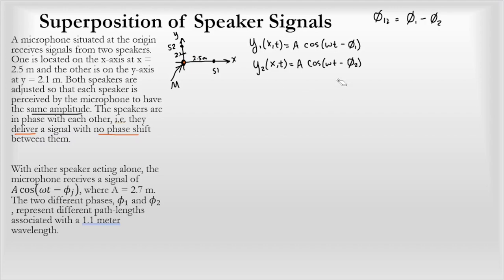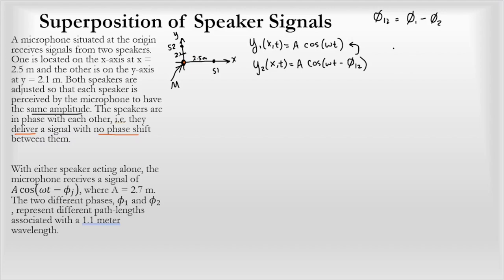I'm going to assume it's positive on some level. I'm not exactly sure. So what I'm going to do is get rid of this. I'm just going to let speaker 1 arrive at the microphone with this equation, and then speaker 2 is going to arrive at the microphone with some phase shift relative to the first wave.